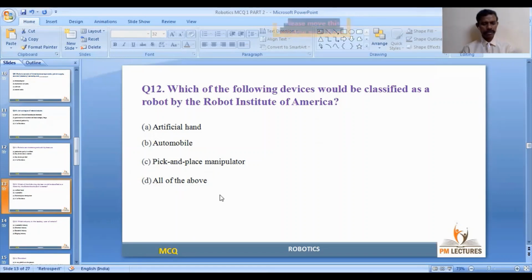So for this question, option C is the correct answer, pick and place manipulator.